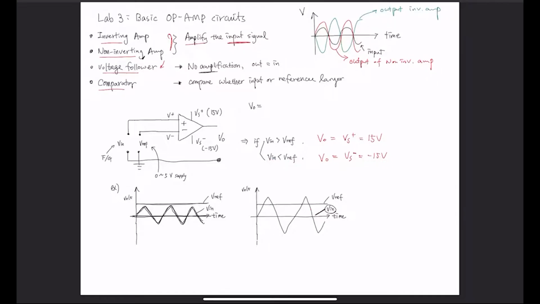15. So for example, if you had an input that looks like this here, and your reference is a 5 volt DC, and if your input is always smaller than the reference, then your output may look like a negative 15 volt signal that is just a DC voltage like that.